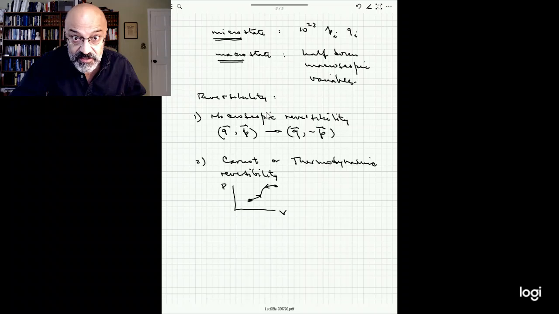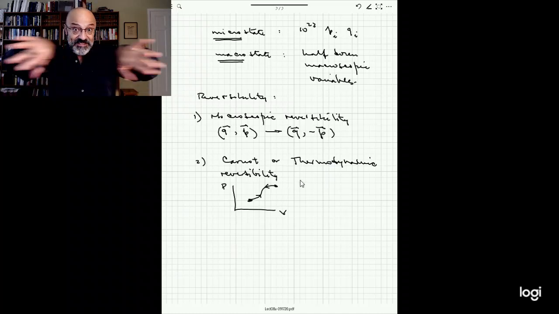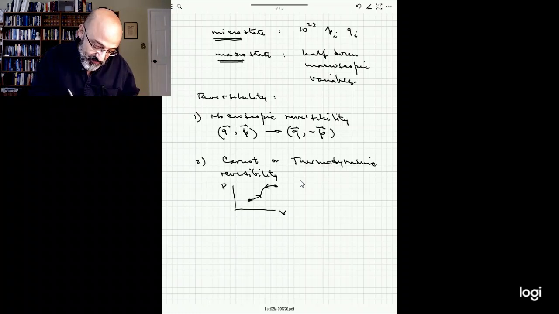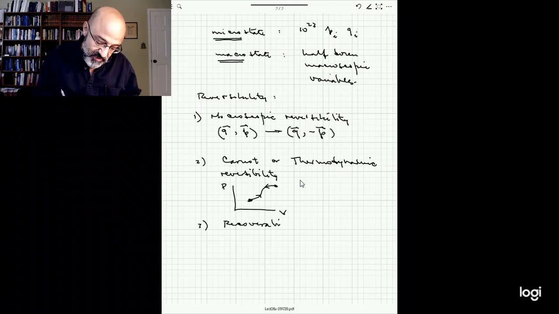Do you appreciate that the time reversal invariance of the equations of motion has to do with microscopic reversibility, while thermodynamics is always concerned with Carnot reversibility? They are completely separate issues. There is yet a third type of reversibility, which is also called recoverability.